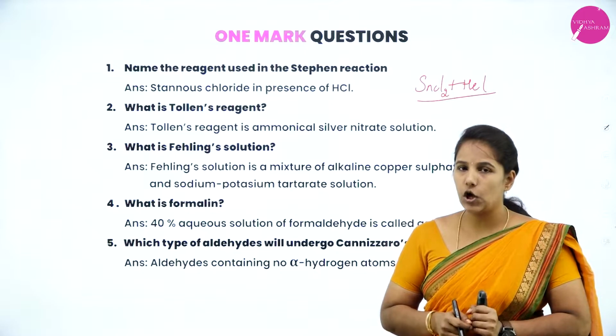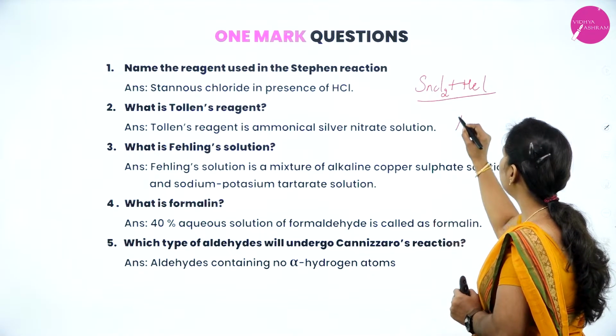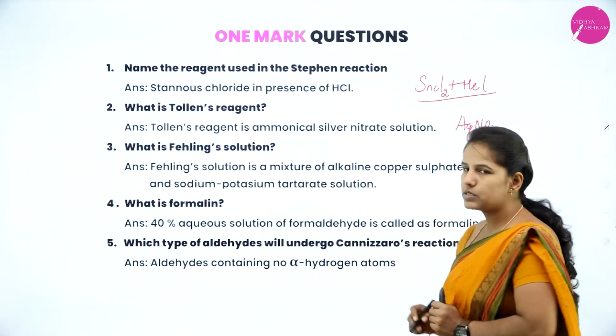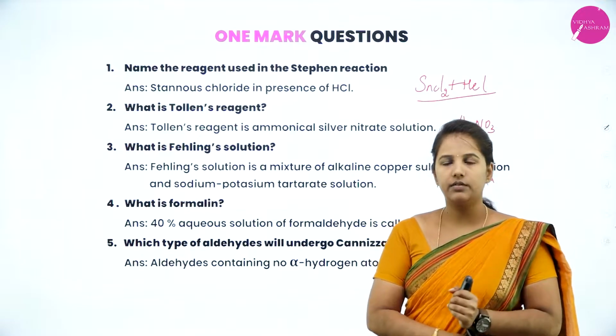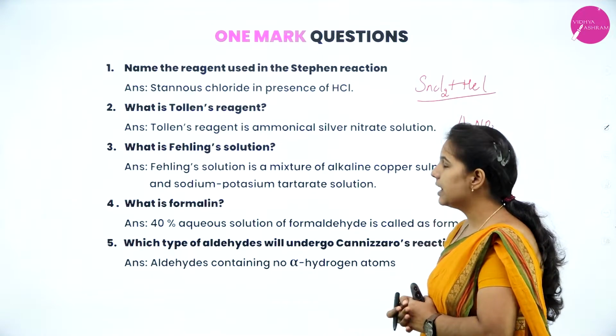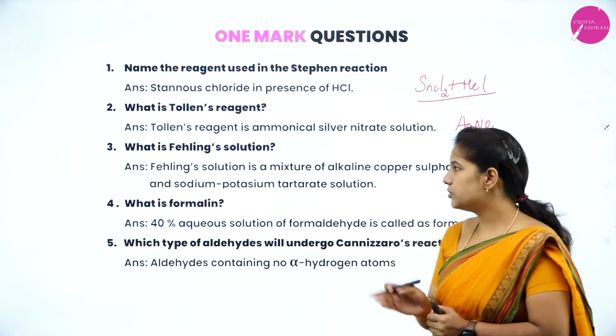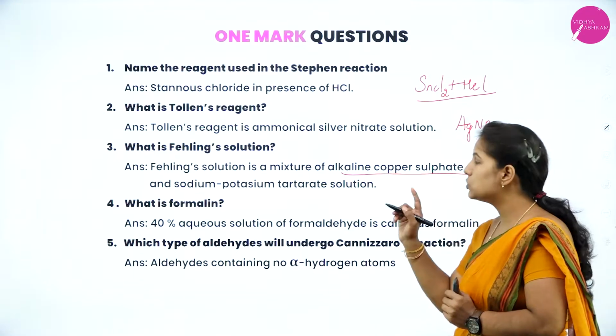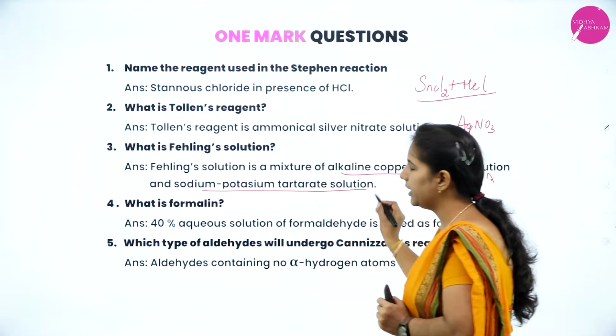Next, what is Tollens reagent? We all know that Tollens reagent is nothing but ammoniacal silver nitrate solution. Next, what is Fehling solution? Fehling solution is a mixture of alkaline copper sulfate solution with sodium potassium tartrate.